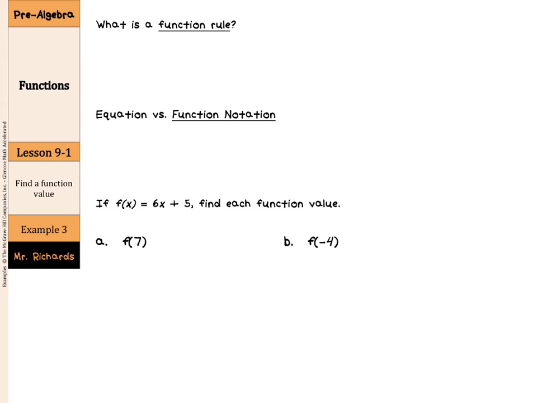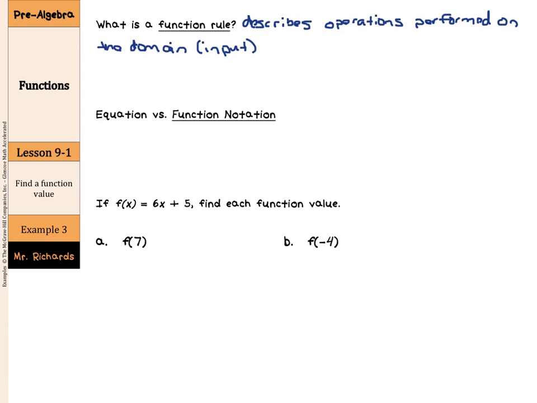A function rule describes the operations performed on the domain, and our domain is usually our x's, which is going to be our input.